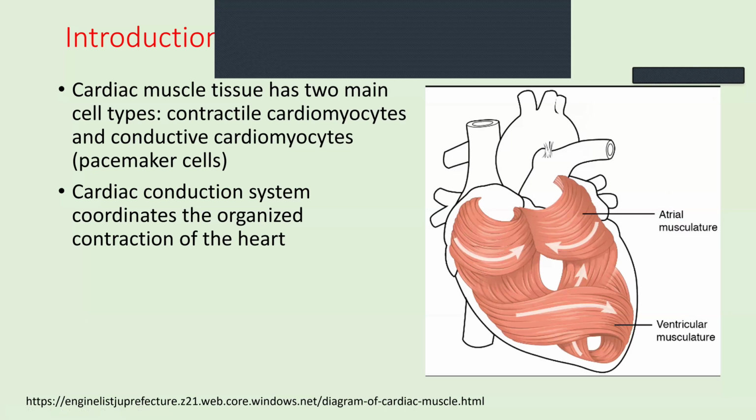For the introduction, I'm going to explain the cardiac muscles and their role in cardiac conduction. The cardiac muscles are made up of two cell types: contractile cardiomyocytes and conductive cardiomyocytes, which are your pacemaker cells.